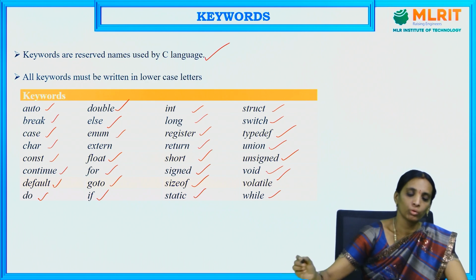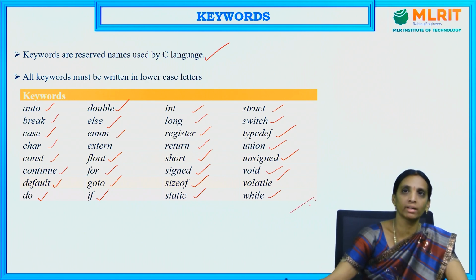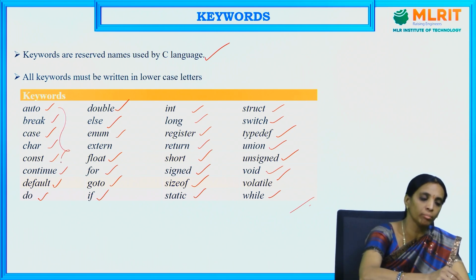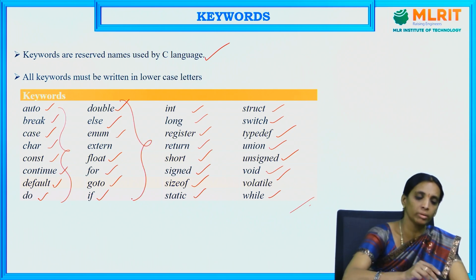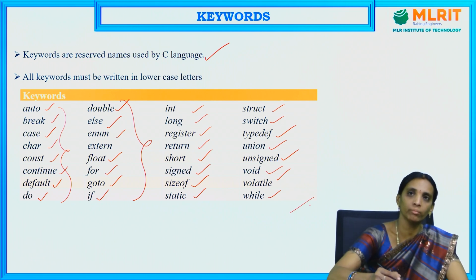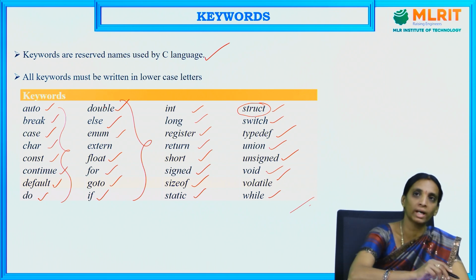Here we have observed that all the keywords must be written in lowercase letters only, and the keywords are the same ones used by any programmer. We don't have any possibility for modifying the words as per our user interaction, so we have to use these keywords as they are.